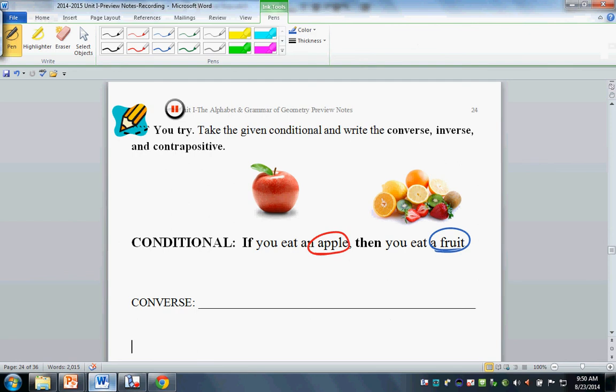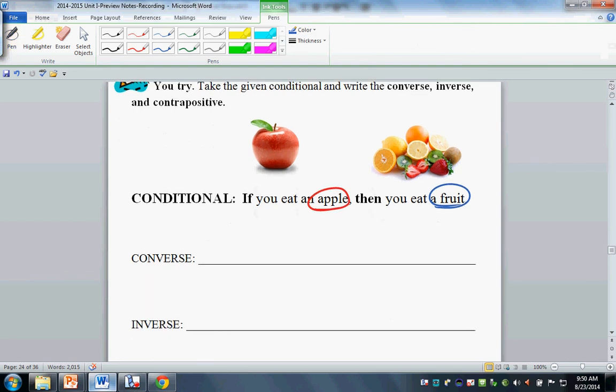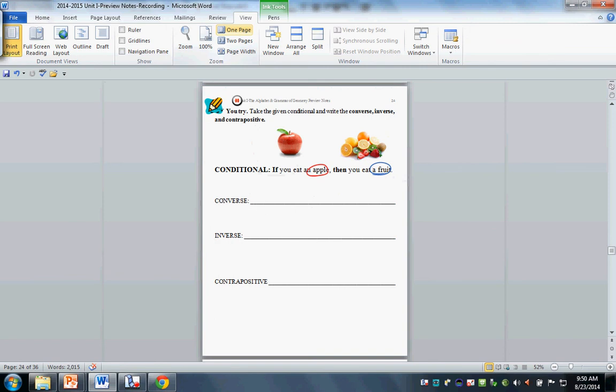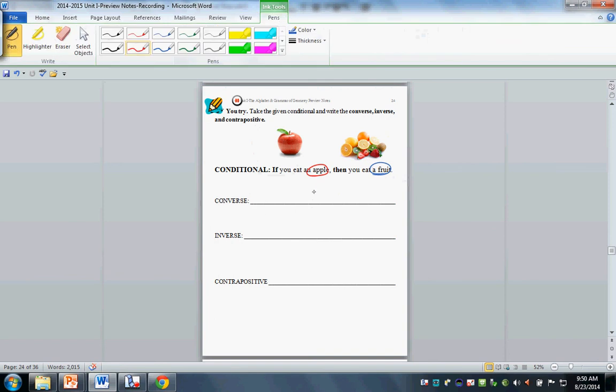Okay, so the original is apple, then fruit. So the converse is going to be, let me just write the words first. It's going to be switch, so it's fruit, then apple.